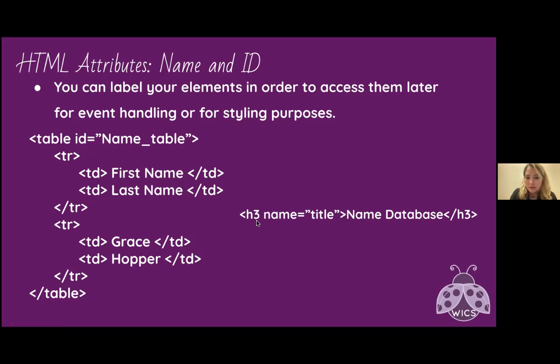And then here we have an H3 heading, and we named it title, and we input name database with the closing tag. So whenever we refer back to these, I'm going to refer back to this as ID name table, and then the ID would be title.